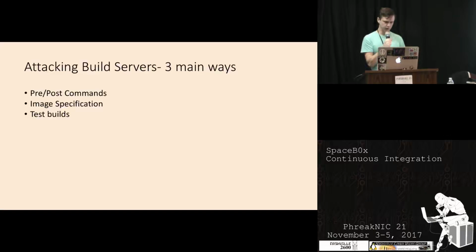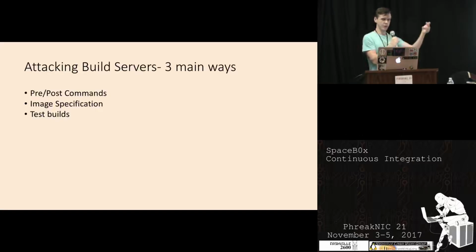There are patterns that are evolving, especially in the build systems, where there are multiple ways to execute code or manipulate the way that those builds work, but the three biggest that I've experimented with are: in most of these files, for most of these systems, there's a section called pre and post commands.